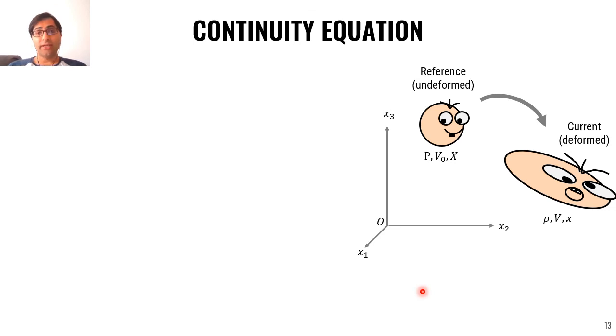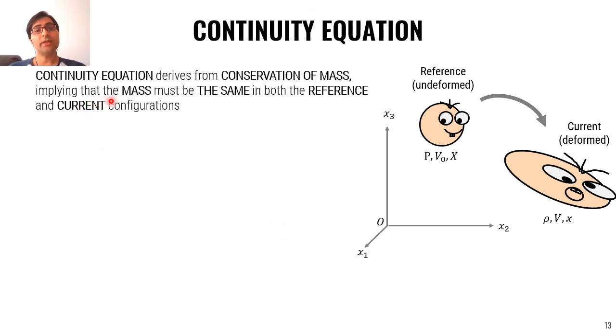What about the continuity equation? The continuity equation derives from conservation of mass, implying that the mass must be the same in both the reference and current configuration. So we don't get any change in the mass if the body deforms or moves around. We already know that mass is the integral of rho dV, or rho J dV0 over V0, or P dV0 over V0.